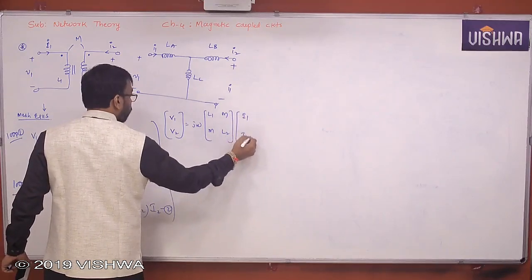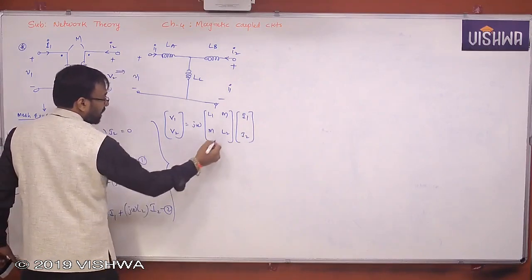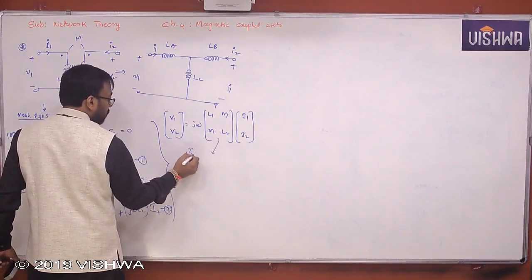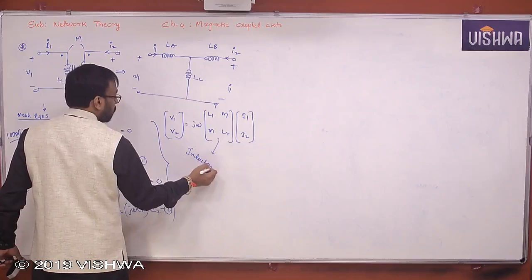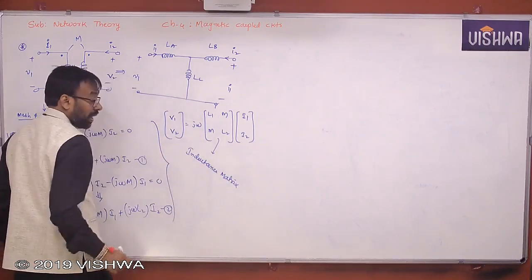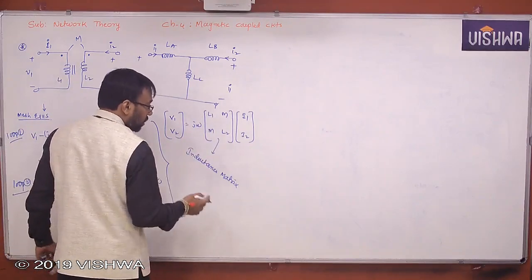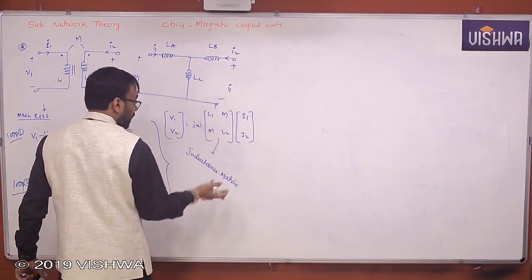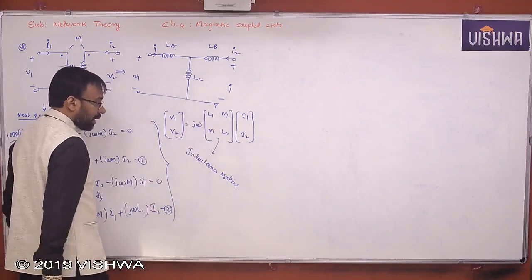I1, I2. Okay, this is called inductance matrix. I just separated J omega, otherwise it will become reactance matrix. J omega L1 is a reactance, but L1 is an inductance. So this matrix I am calling inductance matrix.